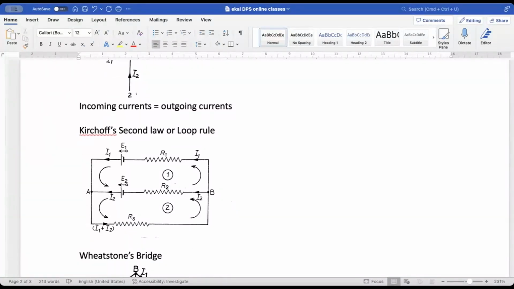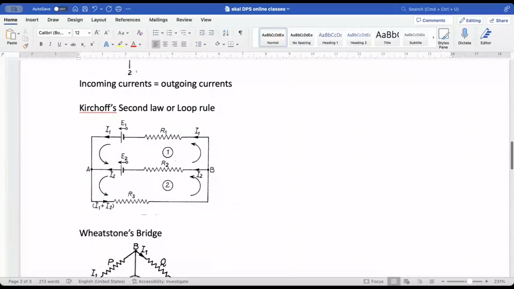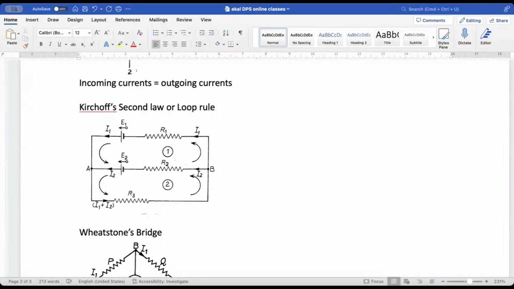Then comes Kirchhoff's second law, which is also called the loop rule. What does it say? It says that in any closed loop of the given circuit, the algebraic sum of the products of current and resistance, that means I and R in each part of the loop, is always equal to the algebraic sum of the EMF in that loop.